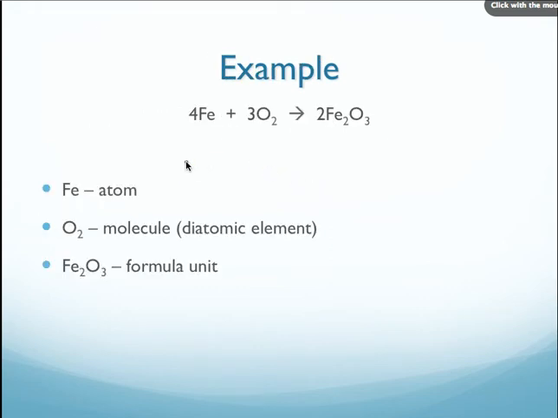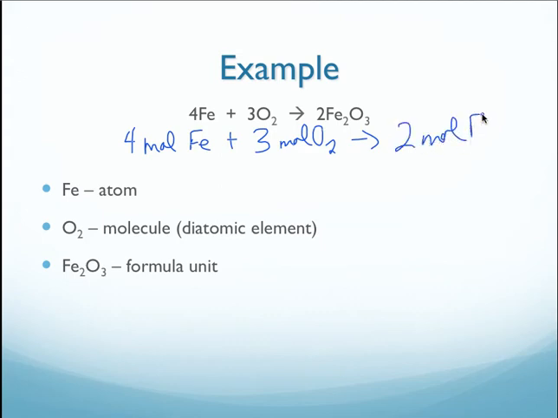Okay. Now, we can also use this chemical equation. We could have said 4 dozen iron atoms react with 3 dozen oxygen molecules to produce 2 dozen iron 3 oxide formula units. Well, we're not going to count it in dozens either, but if we do say 4 moles of iron reacting with 3 moles of oxygen yield 2 moles of the iron 3 oxide.